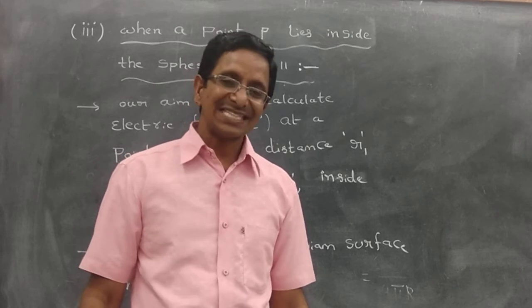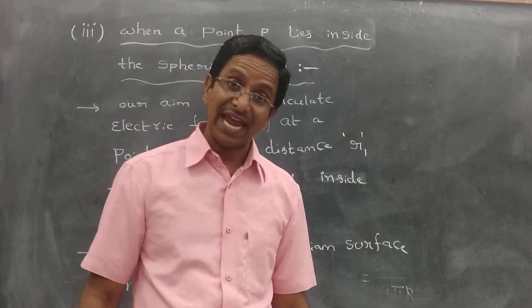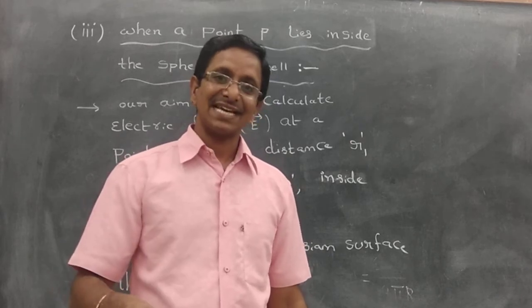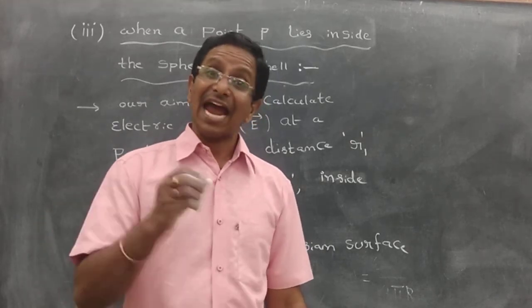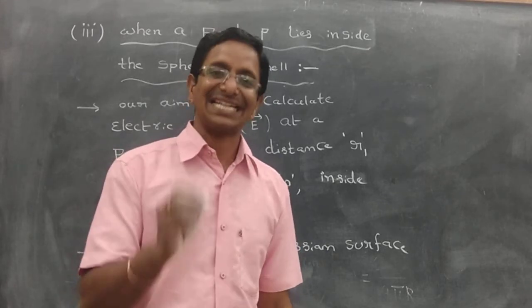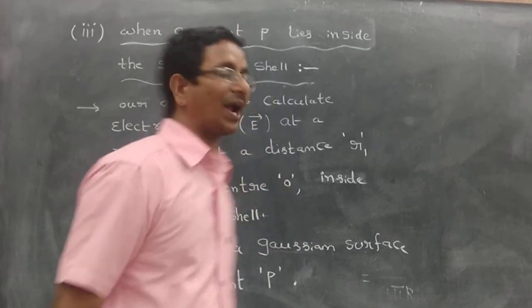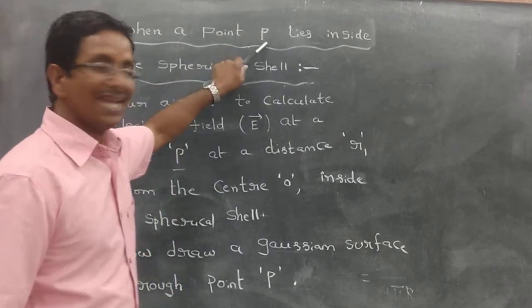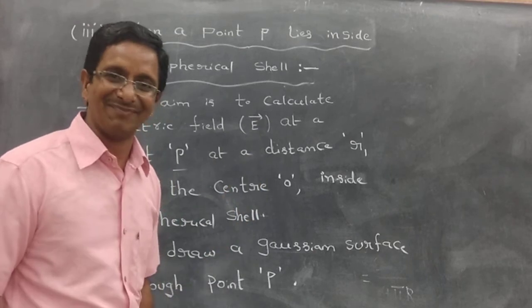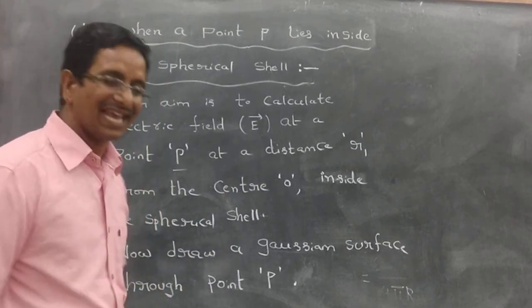What is point number 3? When a point P lies inside a spherical shell, at that point we are going to find the electric field. When a point P lies inside a spherical shell, that is case 3. Here some important points.